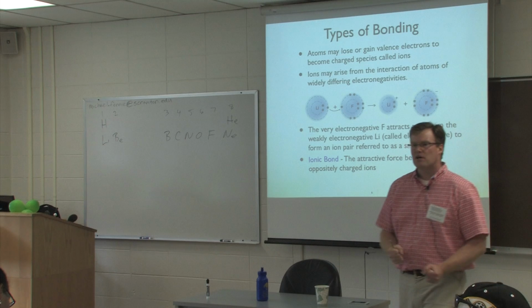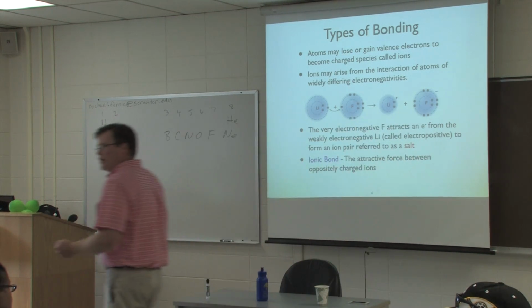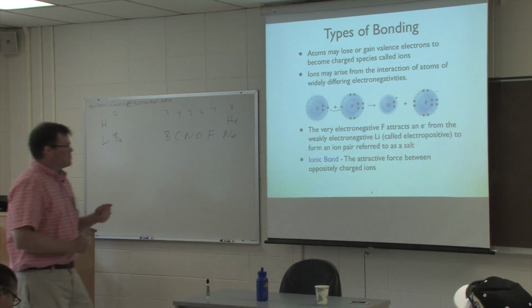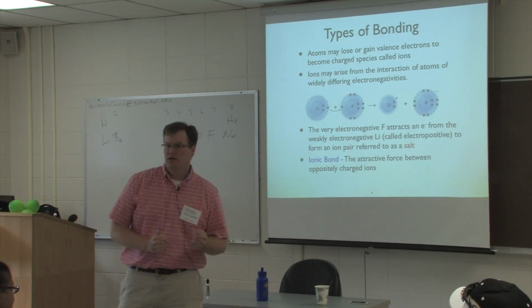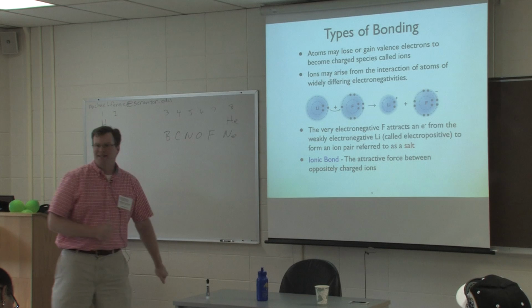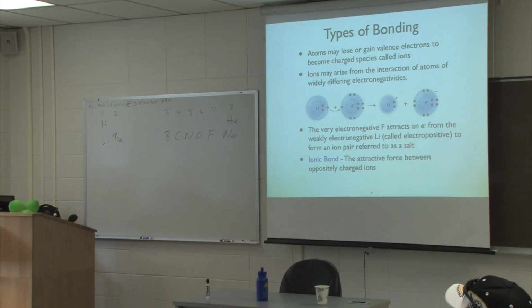This is called an ionic bond. One atom is coming up to the other atom and straight up stealing an electron. You're forming a positive ion, a cation, which is this lithium, and this fluorine is a negative ion called an anion. This is an ionic compound.